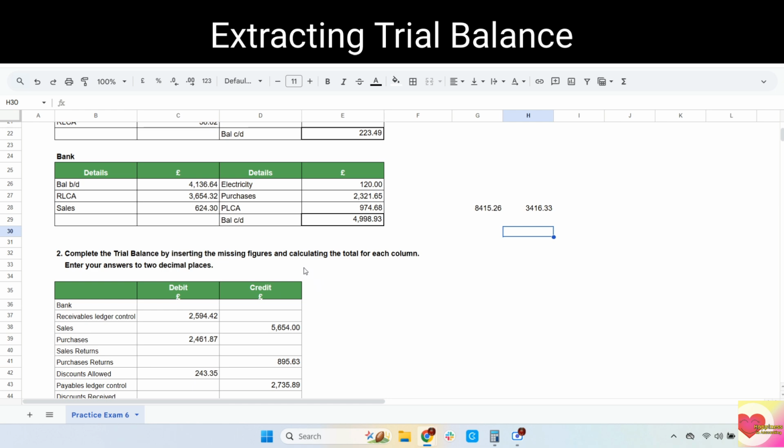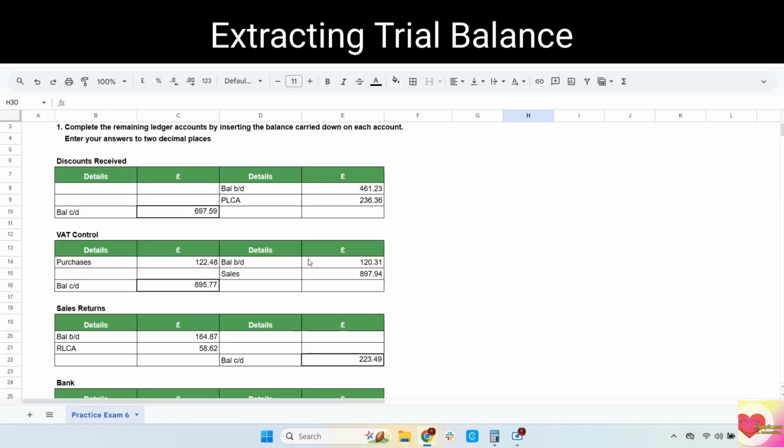So let's go to the first account, which is discounts received. We can see the balance carried down is in the debit side, but remember the balance brought down is the one that we need. And the balance brought down is always inserted to the opposite side where we entered the balance carried down.